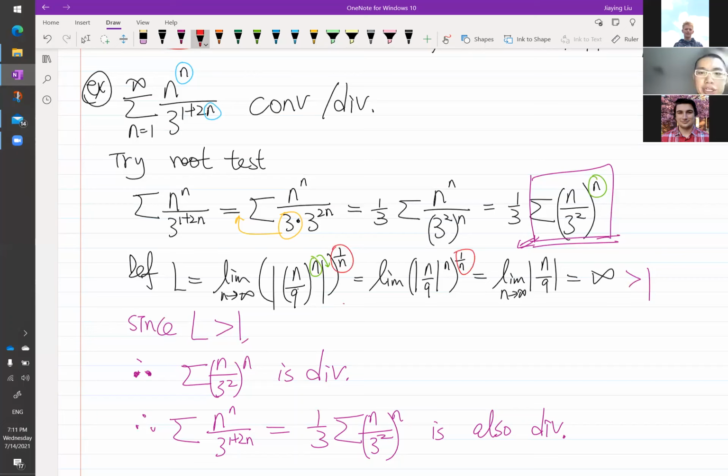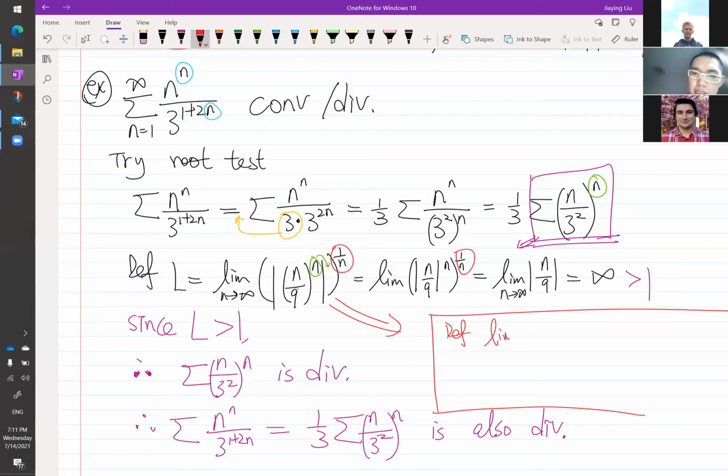So by definition, let me change the notation here. We define L as the limit as n goes to infinity of the nth root of the absolute value of a_n, which is what? a_n is n over 9, or n over 3 squared to the n.